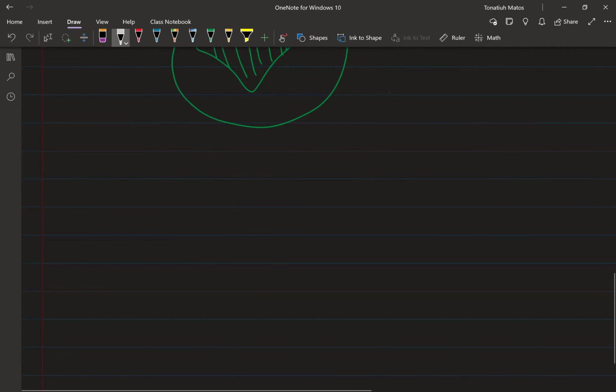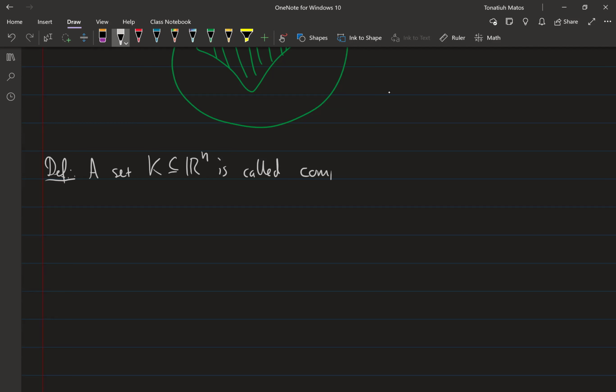Okay, so now we are ready to write the main definition and the last concept that we will mention in this chapter. And there's only one more chapter left in this course. So a set, what should we call it? K, is called compact if what?